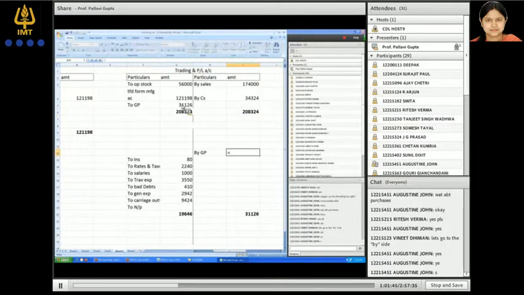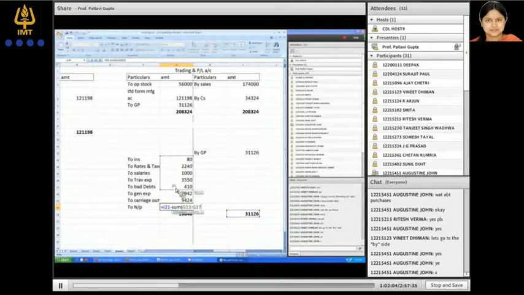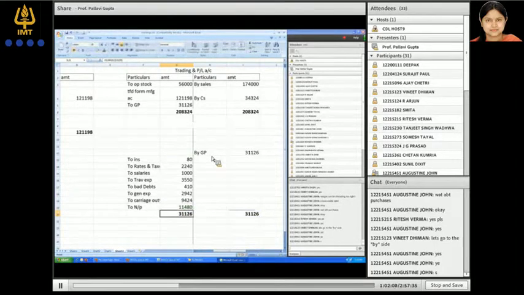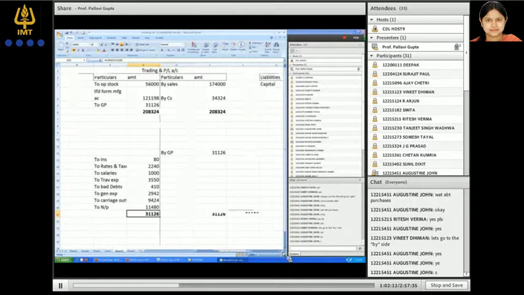This gross profit will come from here to here. This is the sum of the gross profit. Here I will calculate the net profit. This would be this minus the sum of all this. So net profit is 11,480.